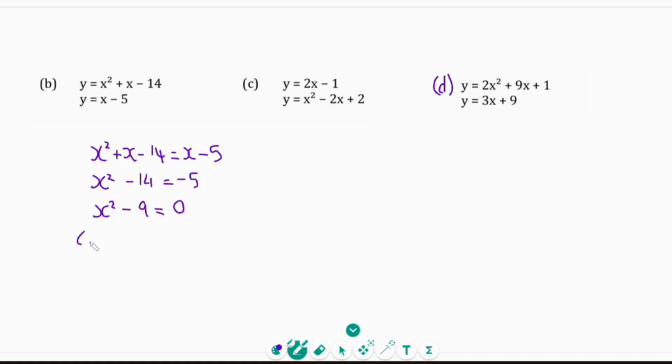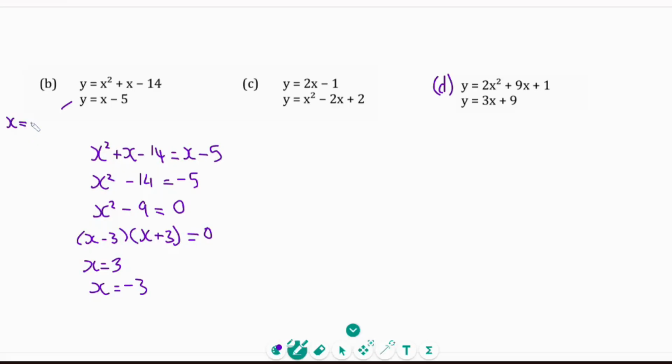Well done if you noticed this was difference of 2 squares. x is 3 or x is negative 3. I'll substitute it back into this equation here.